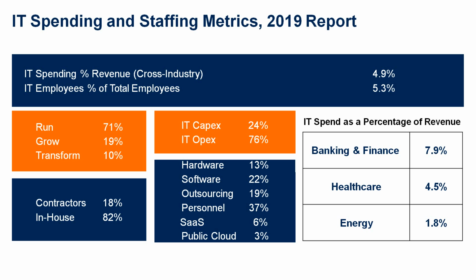In a general industry aggregation it is 5.3 percent. And the run percentage is generally 78 percent of the total IT budget, not the revenue. Grow is 19 percent, and transform is the remainder. These are significant numbers taken across the industry.